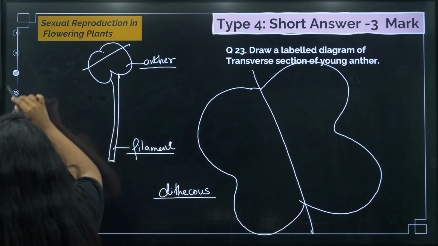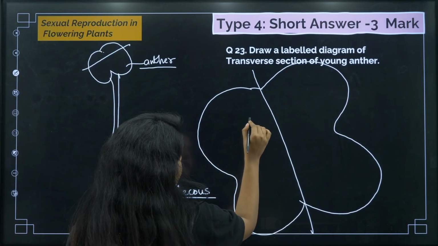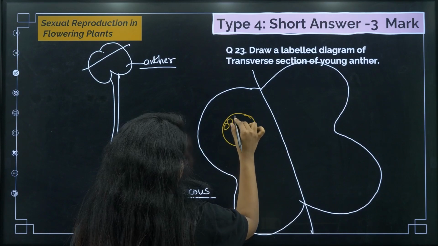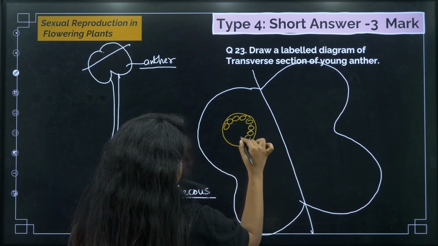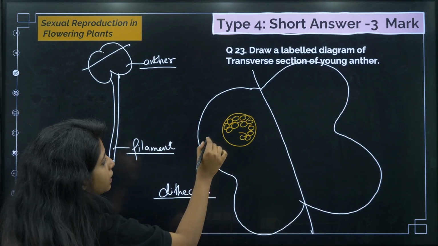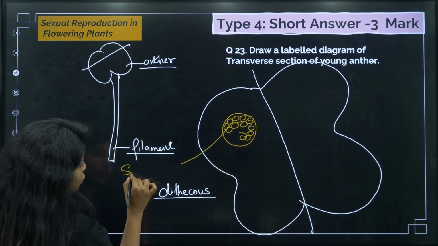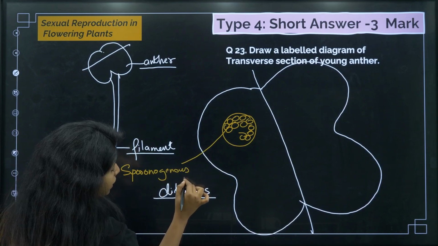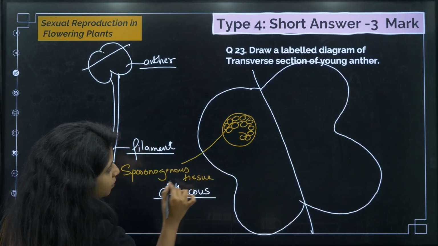So over here, the innermost thing that you see, this whole thing you call a microsporangium, because basically the cells that you see over here are the sporogenous tissue. And I told you each cell of the sporogenous tissue can form the microspores, right?